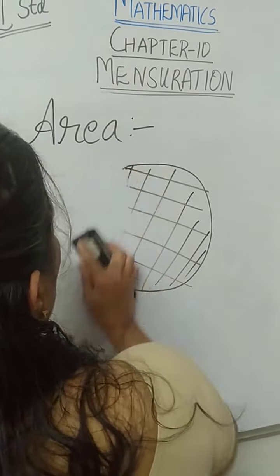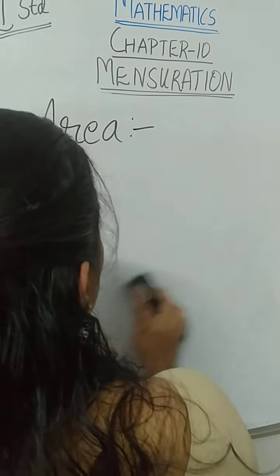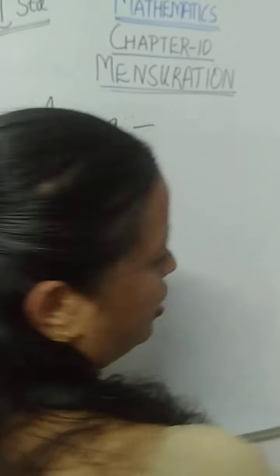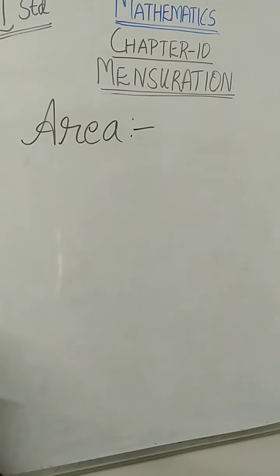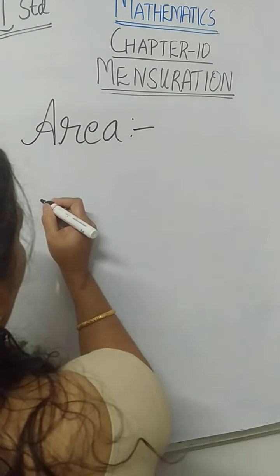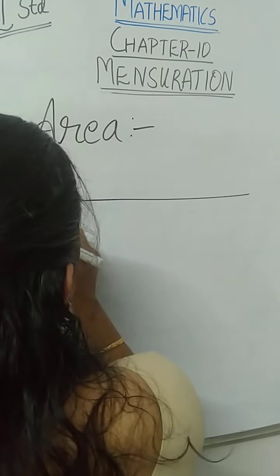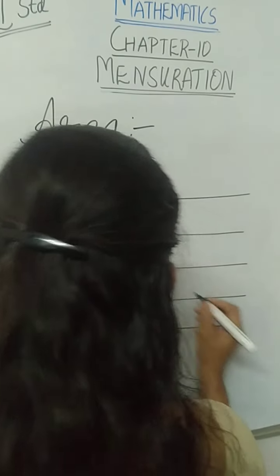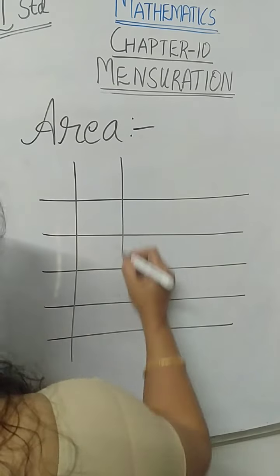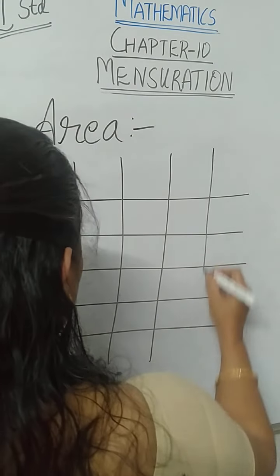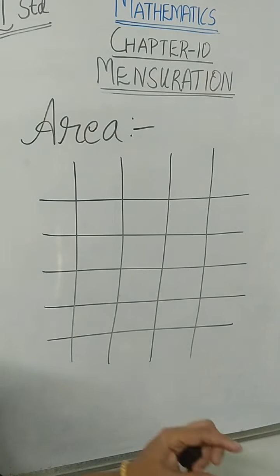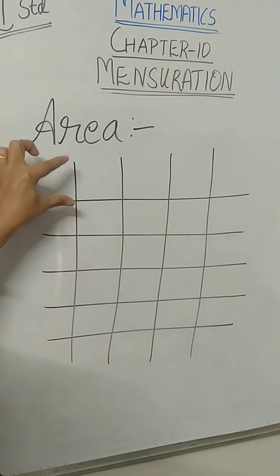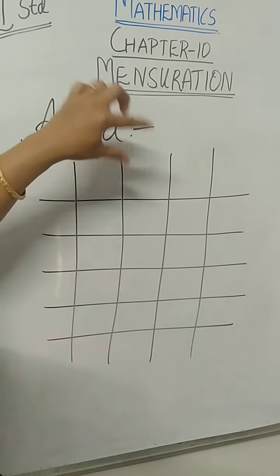Now, if you want to know the area of any figure, let us take a graph paper. You might have seen the graph paper. It has lines like this, also like this. Horizontal and vertical lines, which are made up of 1 centimeter. This is 1 centimeter, even this is 1 centimeter.